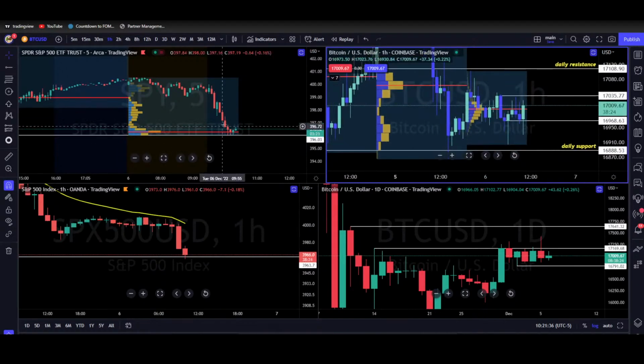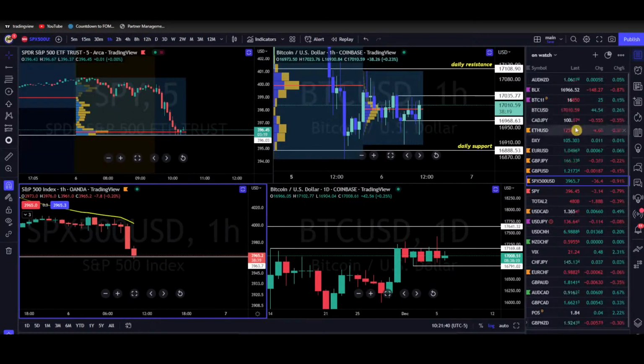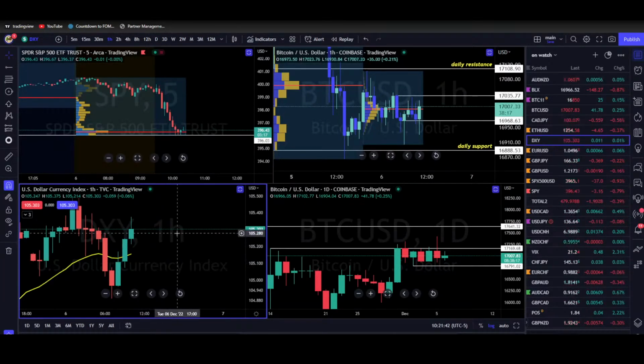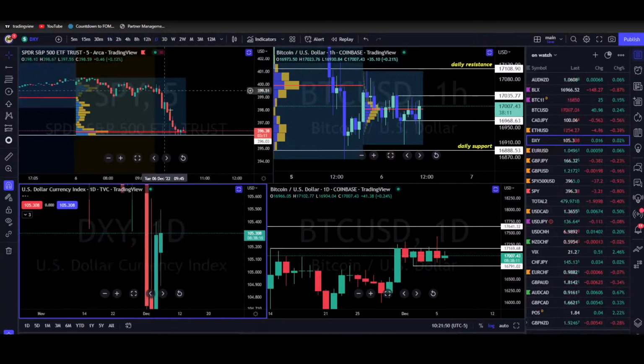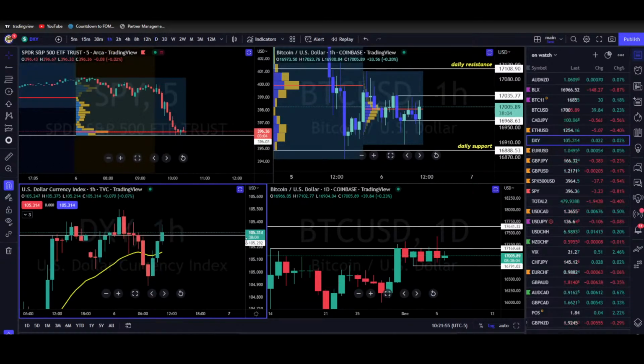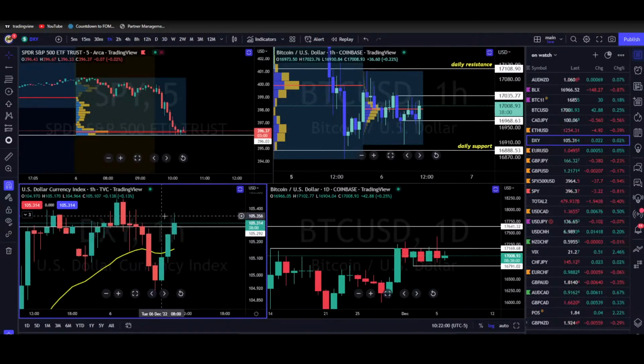Now, if only this thing would start to look like that. Let's see where the dollar went. Not quite to resistance. Oh, but you got daily resistance right there, so yeah, not quite to resistance.